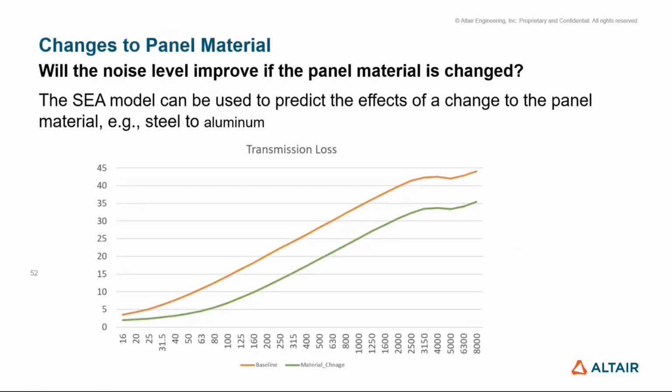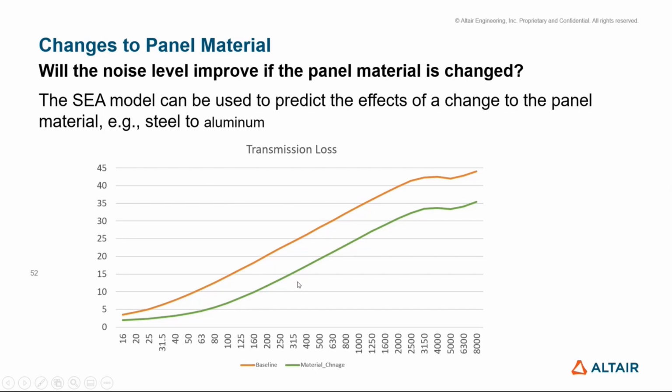Similarly, I changed the material, just to show you why aluminum is a problematic region at higher frequencies and why we tend not to use aluminum. So for a dash, I kept the same thickness and just changed from steel to aluminum.